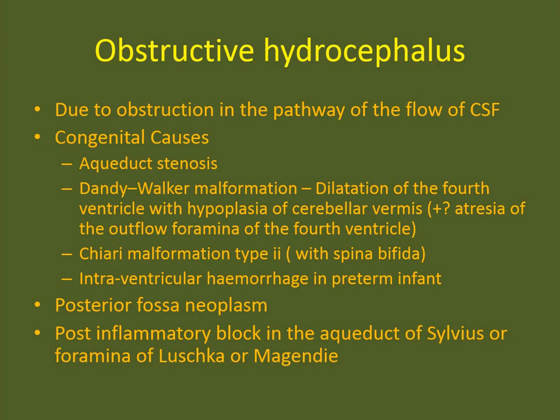Acquired causes could be a posterior fossa neoplasm blocking the flow of CSF, and then post-inflammatory blocking of the aqueduct of Sylvius or foramina of Luschka and Magendie, which conduct the CSF from within the ventricular system into the subarachnoid space.